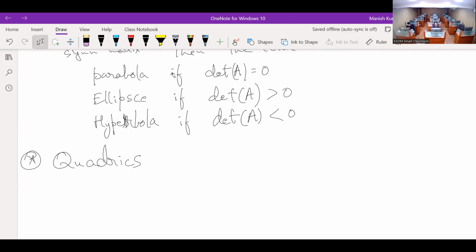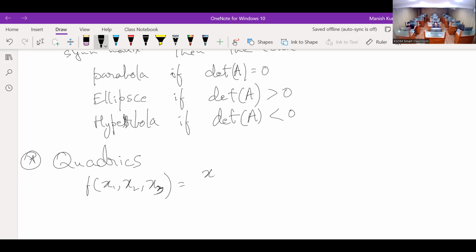So we can start with the same philosophy, yeah? Any quadric is given by the zero set of a degree two equation in R3. There will be three variables involved: x1, x2, x3. And again, since it's degree 2, the coefficient of x1x2 we can divide by 2, as x1x2 and x2x1, and write it in terms of matrices.